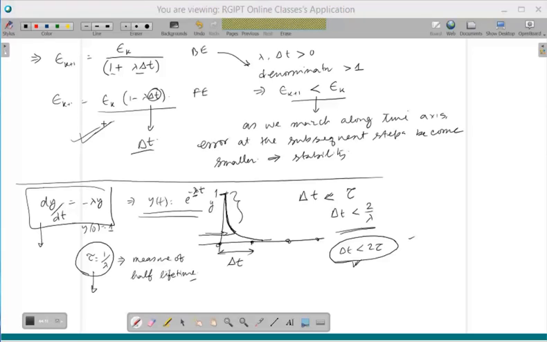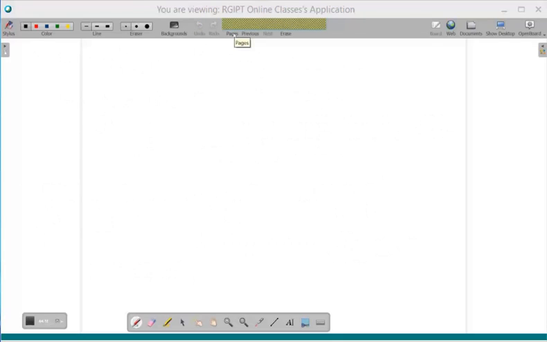Now, these two methods that I just discussed are based on finite difference approximation of derivatives. Remember, we looked at the finite difference expressions of the derivative.